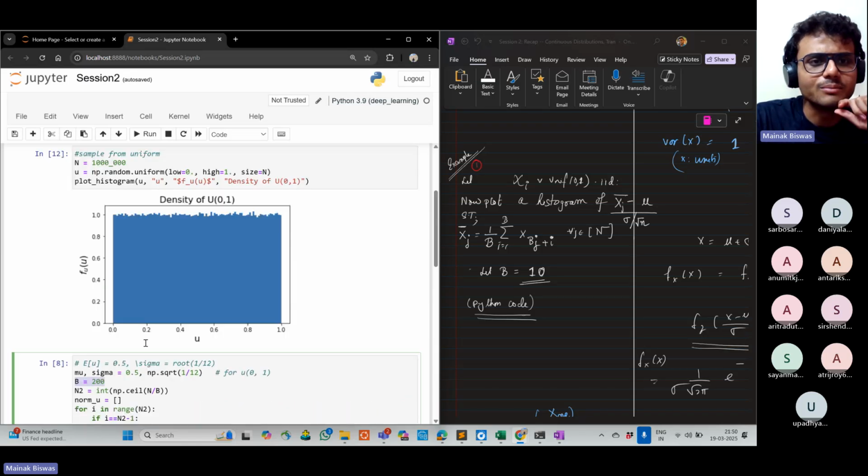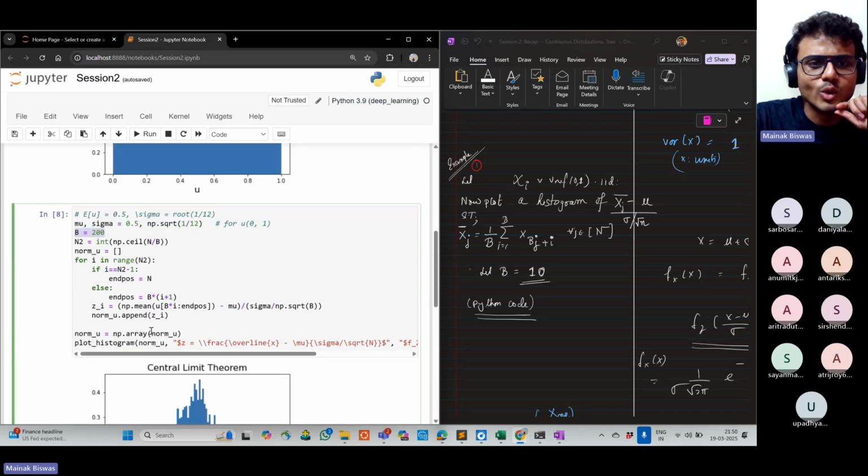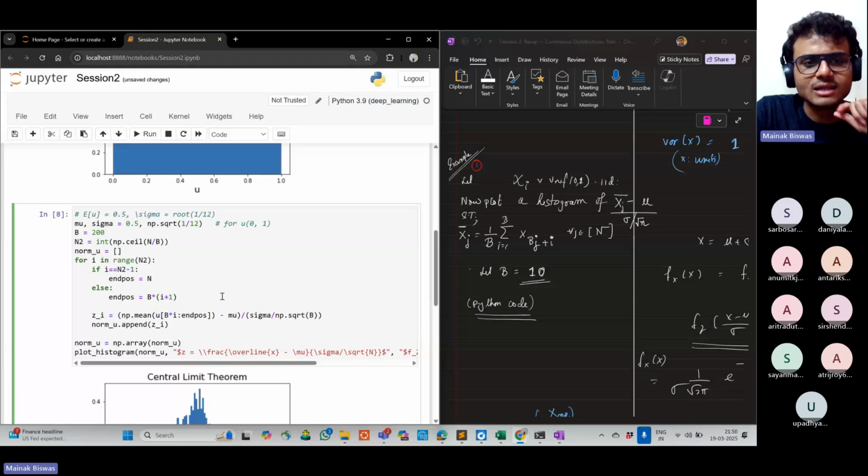And what I do is I rescale them. For each of them, I take the sample value minus the mean and divide by sigma. I'll just write it down over here.